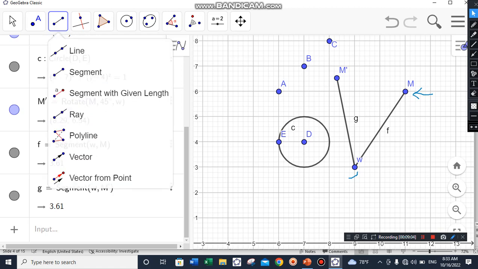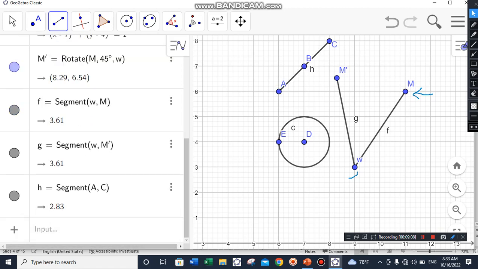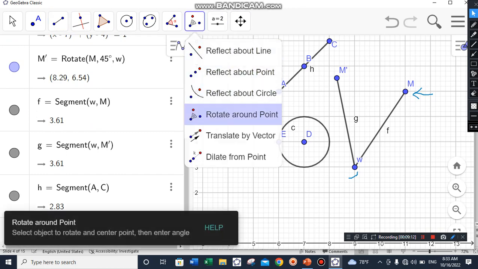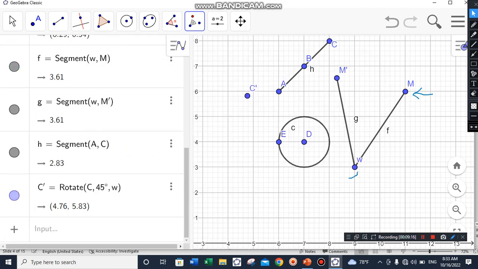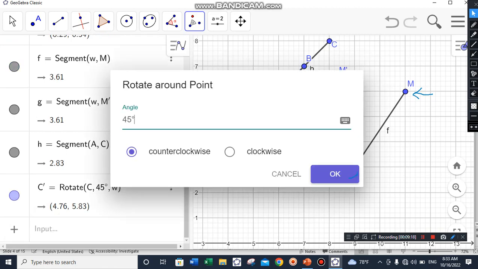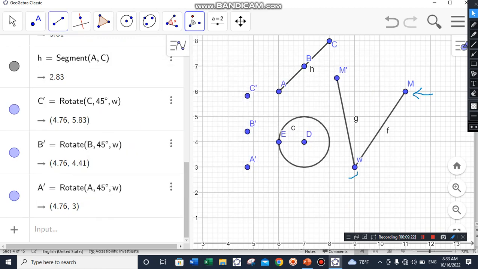I can also rotate, for example, a line or a segment. Suppose here you have a segment, so I go to rotation, rotate about the point W with 45, point C with 45, point B with 45, and point A with 45. So what are we going to get?